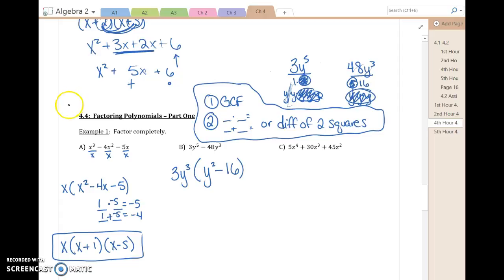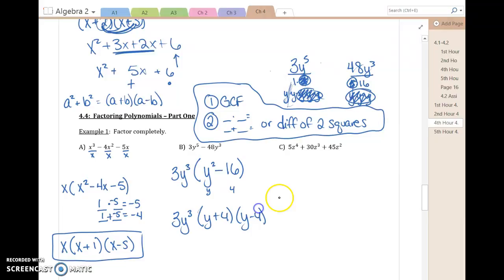So when you have something squared minus something else that's squared, the factored form is a plus b times a minus b. So y squared is the perfect square of y, and 16 is the perfect square of 4. So don't forget your 3y to the third outside of the answer. Y plus 4, y minus 4.